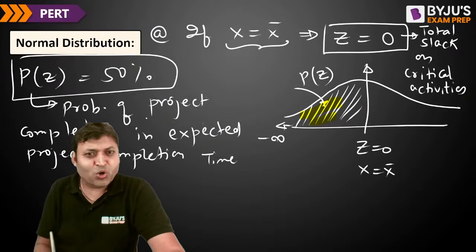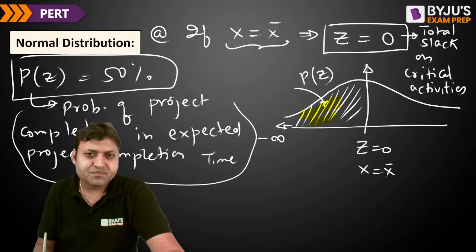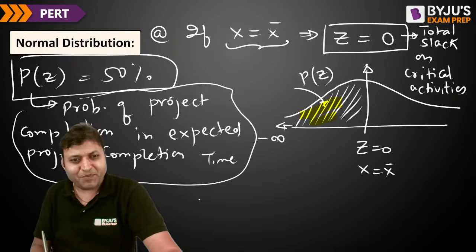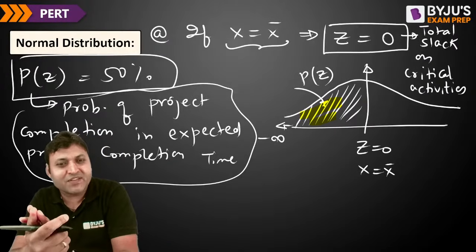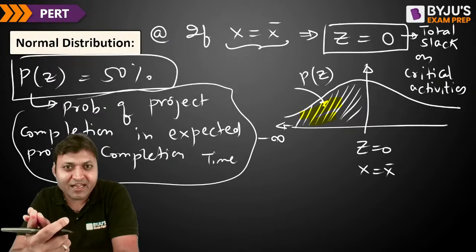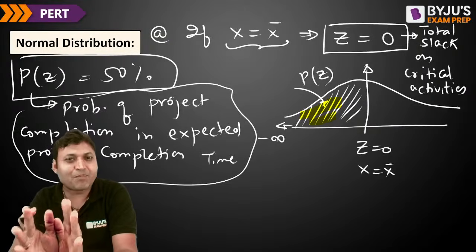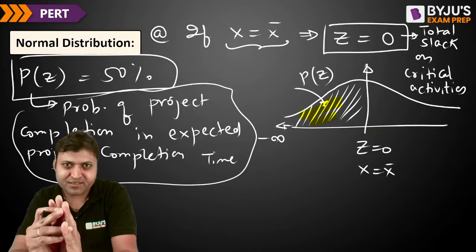Probability of project completion in expected project completion time, that is 50%. So if we want to find out the possibility of the project getting completed in the expected project completion time, that is 50%.